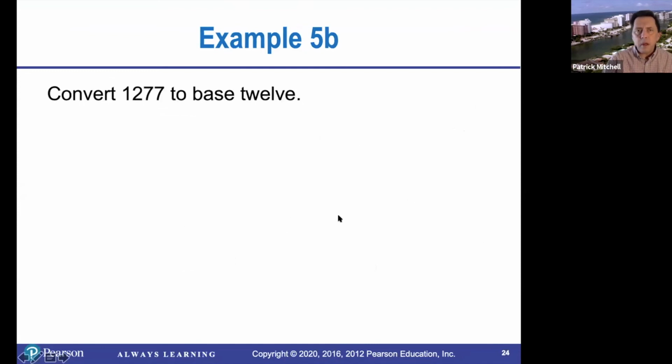Okay, the next example is to convert 1,277, which is a base 10 number, into base 12. So this is the long division thing that we did earlier with base 2. I am going to switch back to the tablet.